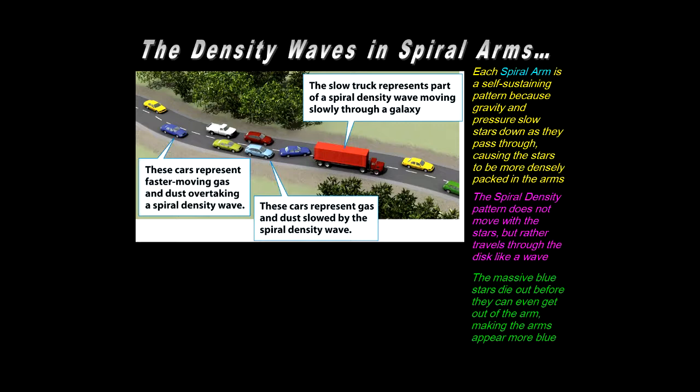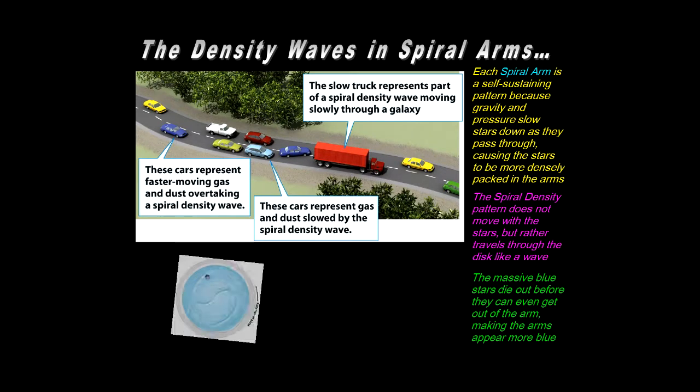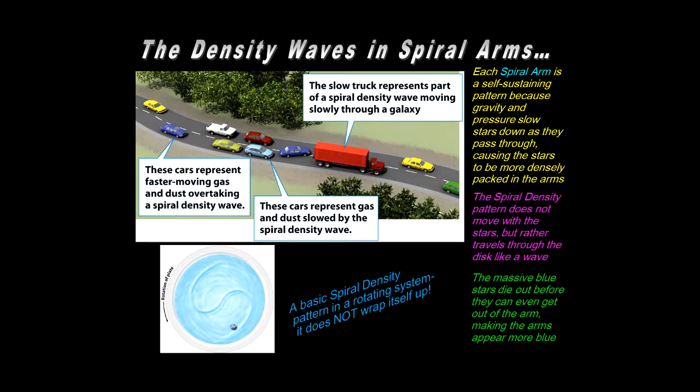And the stars that actually go completely through are smaller stars that aren't as bright, that make it through an arm and on to rotate around the galaxy more times. So here's a basic spiral density pattern in a rotating system. If you make disturbances in that system, like the truck represents, it doesn't wrap itself up. There's no wrapping effect from a spiral density wave.